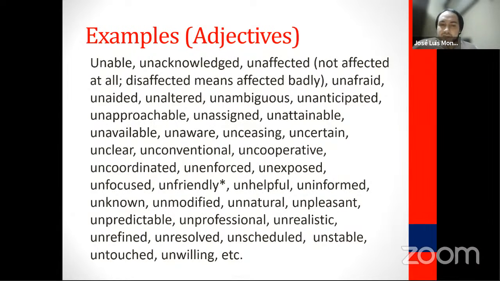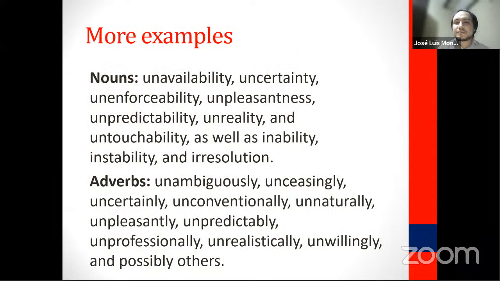Unknown, of course, that is very, very common. Unknown, unpleasant, unprofessional. And you have many others that you can use, actually. There is a lot, I'm just trying to choose the ones. Unwilling, that can be really interesting. But of course, unscheduled and so on. All of these words are really interesting and important.